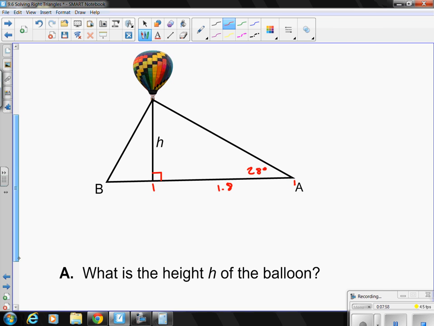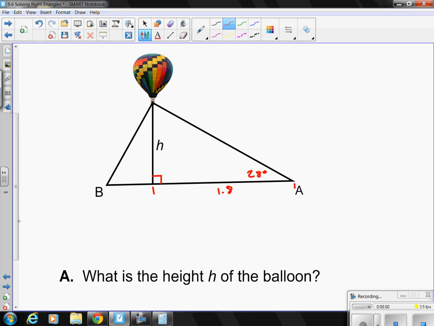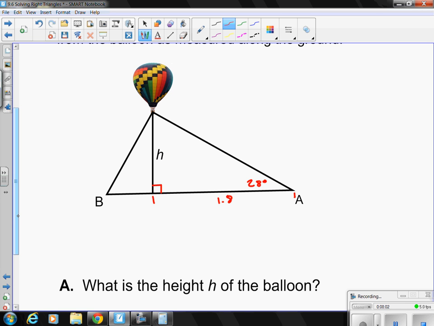What is the height of the balloon? We want to know H. So I know an angle, I know a side. This is my opposite side, and this is my adjacent side. So what ratio does opposite and adjacent? The tangent is opposite over adjacent.